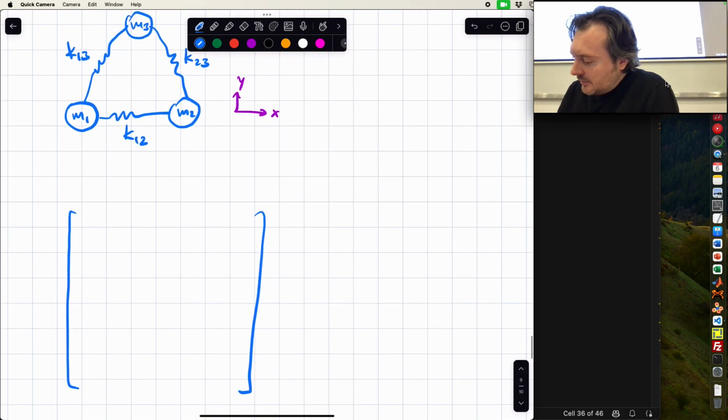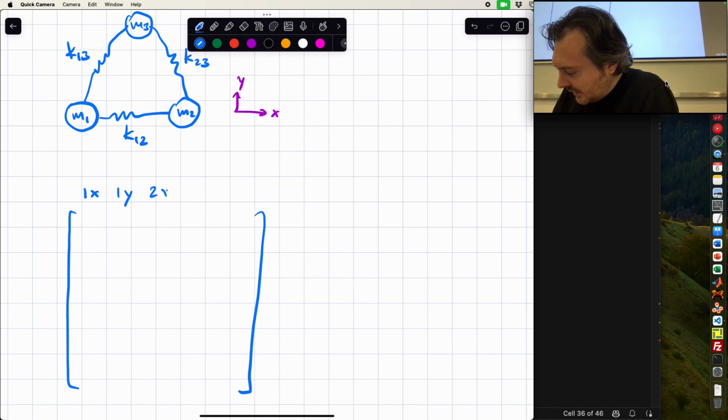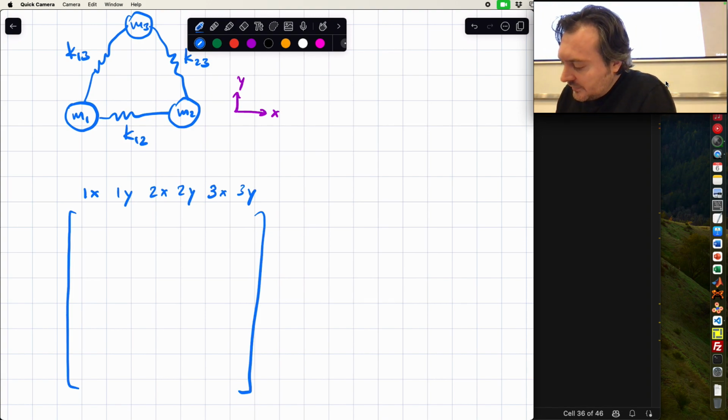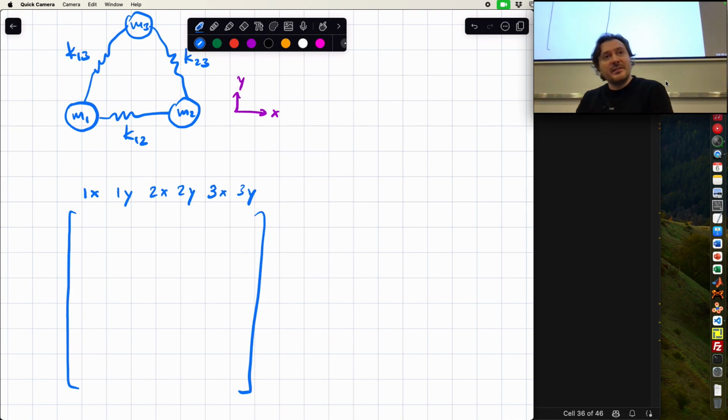Now it would be first object x, first object y, second object x, second object y, third object x, third object y. Does it make sense? So you would have a 6 by 6 matrix, okay, and you would have 6 vibrational modes. Are you with me?